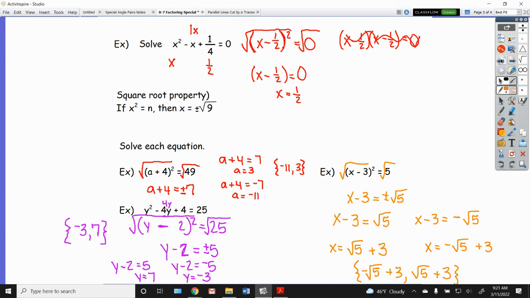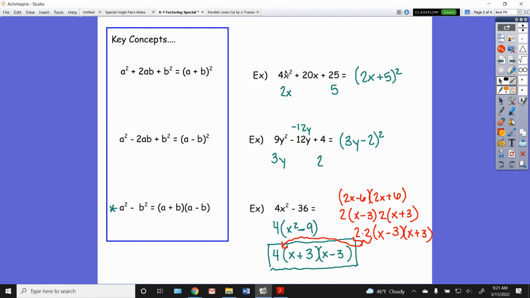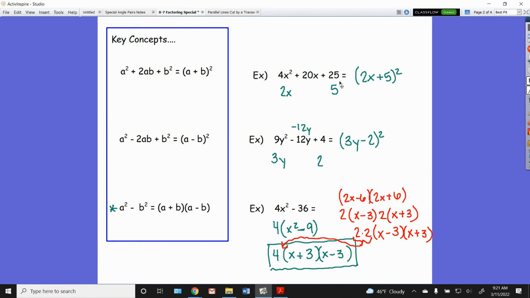Guys, in review, just to recap, perfect square trinomials: if you do not see the pattern, you can kick it old school and multiply the A times the C, break it down, and do by grouping. You can do it that way. But look at the pattern and say, okay, I can't pull anything out. Oh, 4x squared, that's a perfect square.